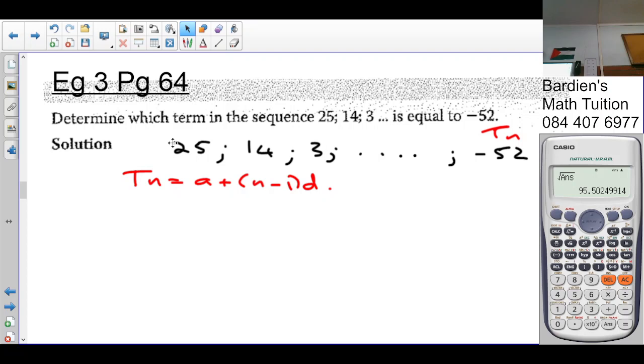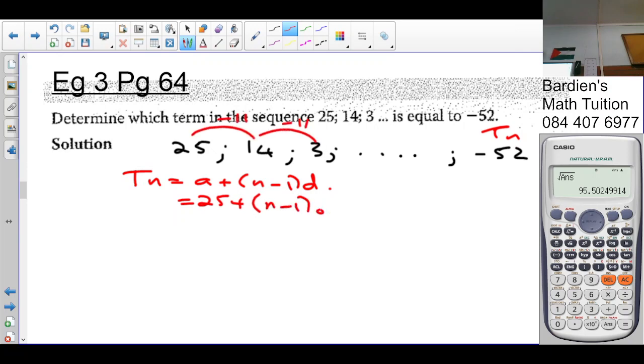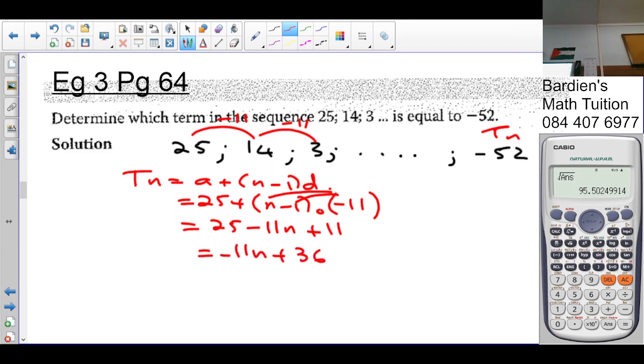Okay, so what's my a value? 25 plus n minus 1 times. How do I move from one to the next? You're subtracting 11, so it's negative 11. So I get rid of the brackets there. So it's 25 minus 11n. Negative 1 times negative 11 is plus 11. So it's negative 11n plus 36.